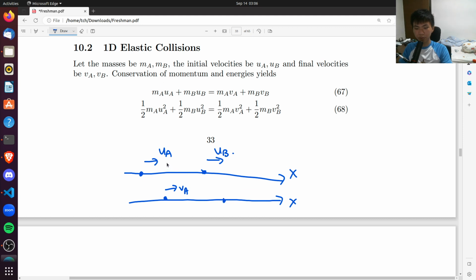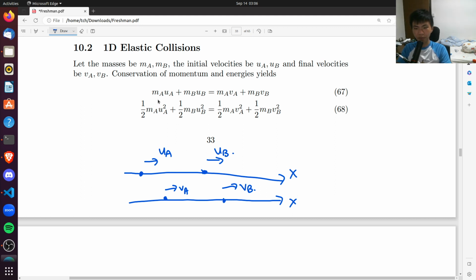So usually we use U to denote the initial velocities before the collision, and V to denote the velocities after the collision. Then conservation of linear momentum tells me that the momentum before and after stays the same.